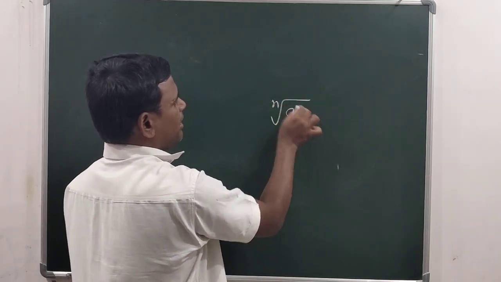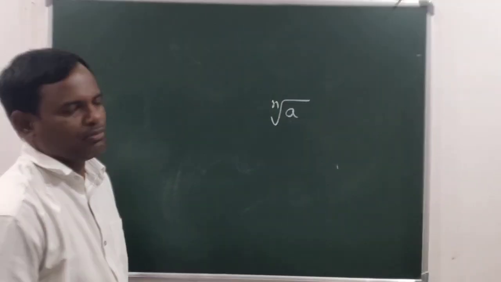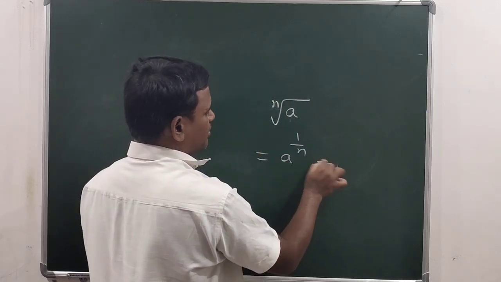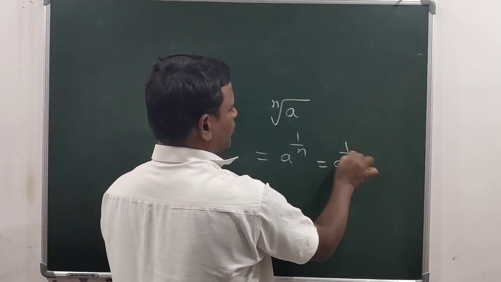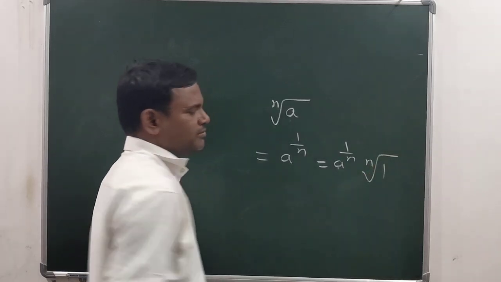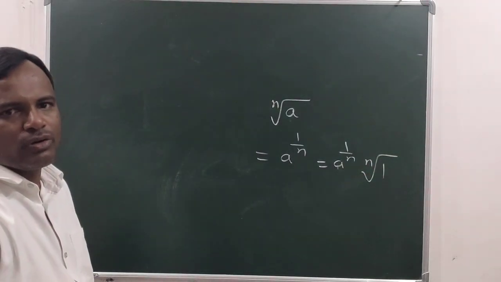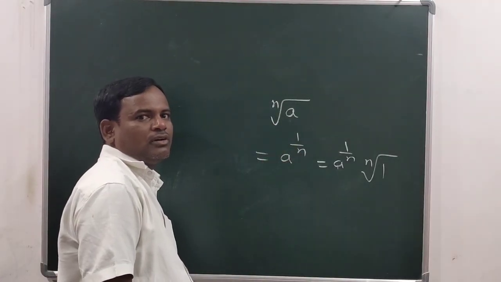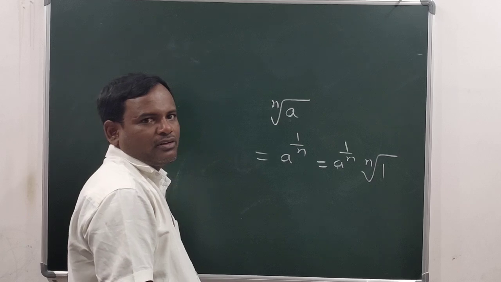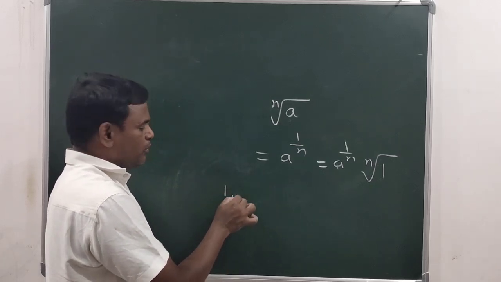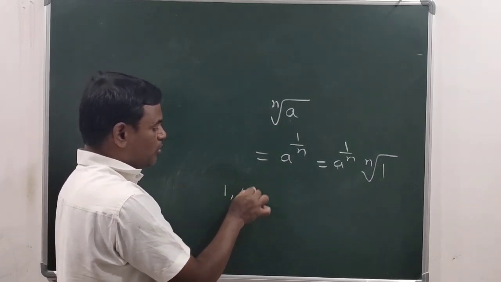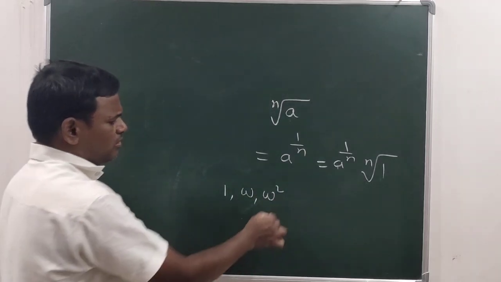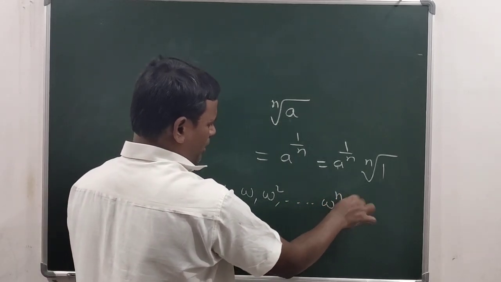Suppose we want the nth root of a positive real number A. In this case you can write A power 1 by n, taking A as common, into the nth root of 1. The nth roots of unity are 1, omega, omega square and so on, up to omega power n minus 1.